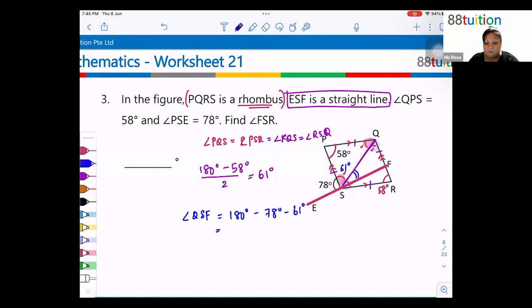How much do I have? 180 minus 78 and 61 gives me 41 degrees. So if this angle is 41 degrees, angle FSR must be equal to 61 minus 41, because remember, angle QSR, which is this, is equal to 61 degrees. So that's 20 degrees. Okay? All right.